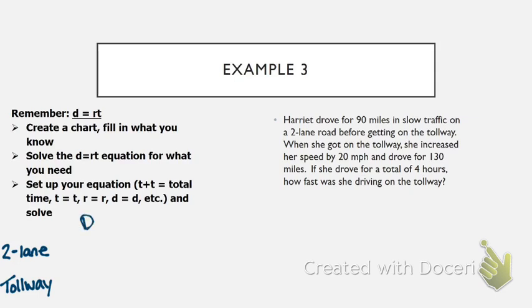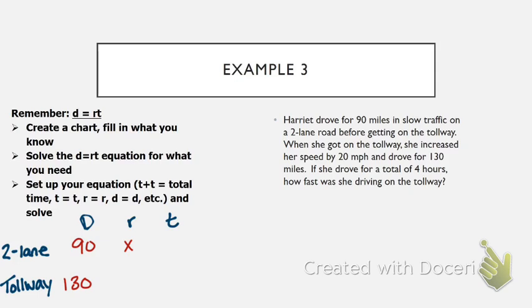So we have distance, rate, and time. Harriet on our 2-lane road drove 90 miles. On the tollway, she drove 130 miles. It says on the tollway she increased her speed by 20 miles an hour. Let's say X is her speed on the 2-lane road.